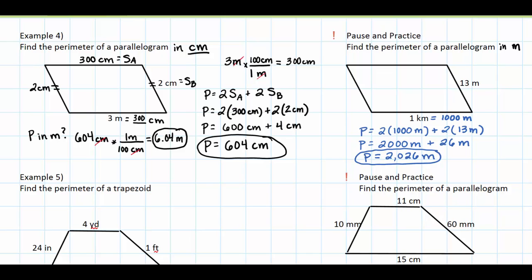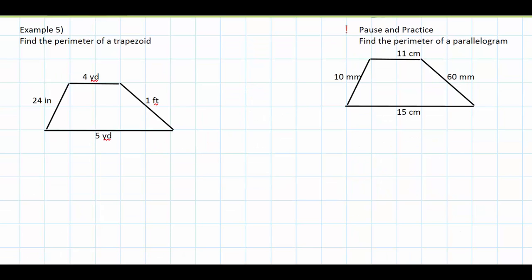Please use this to check your work and correct any errors you might have made. Example 5 says find the perimeter of a trapezoid. We're going to find this in feet. So that means we need to convert all the yards to feet and all the inches to feet.